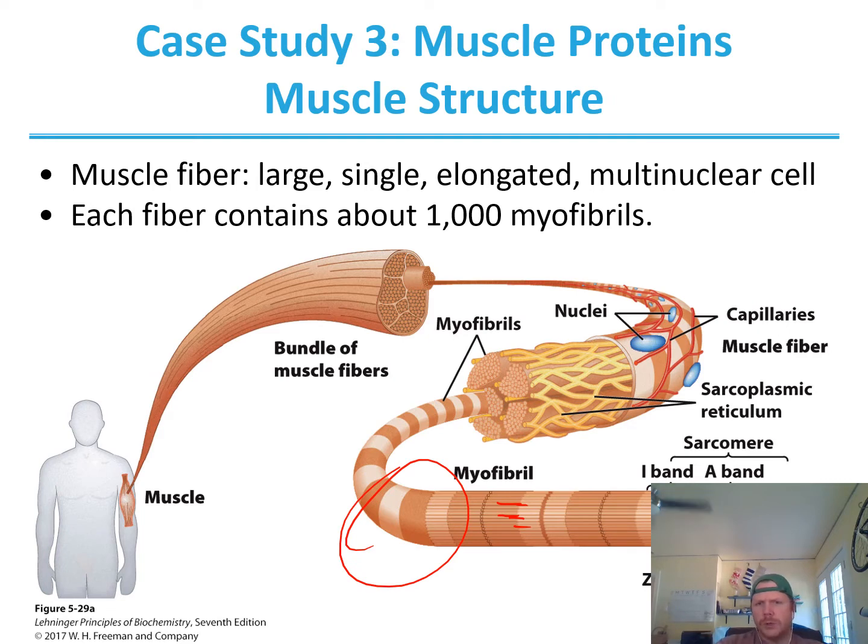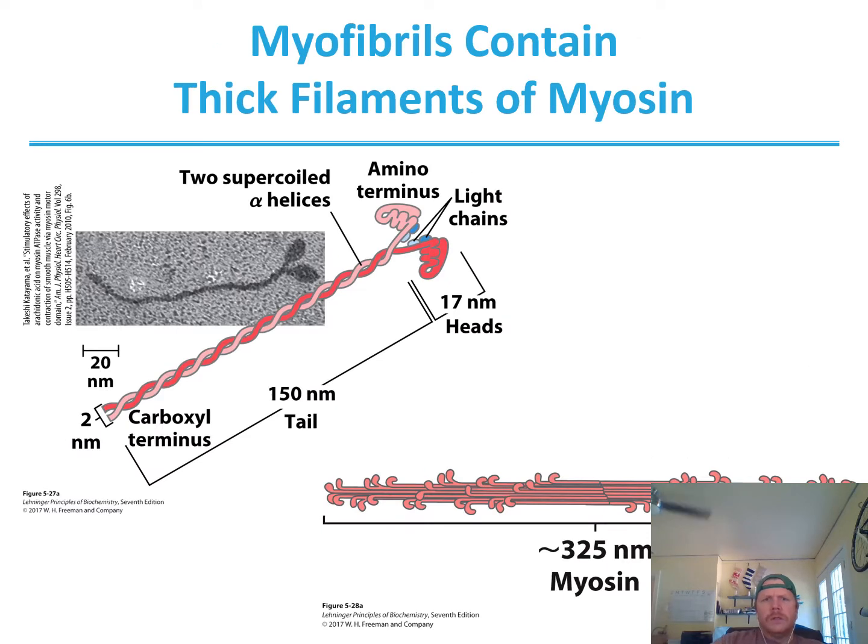I'm going to show you that on the next few slides. Myofibrils contain thick filaments of the protein myosin. Myosin looks a little bit like this, in that it's multiple proteins that have two supercoiled alpha helices.